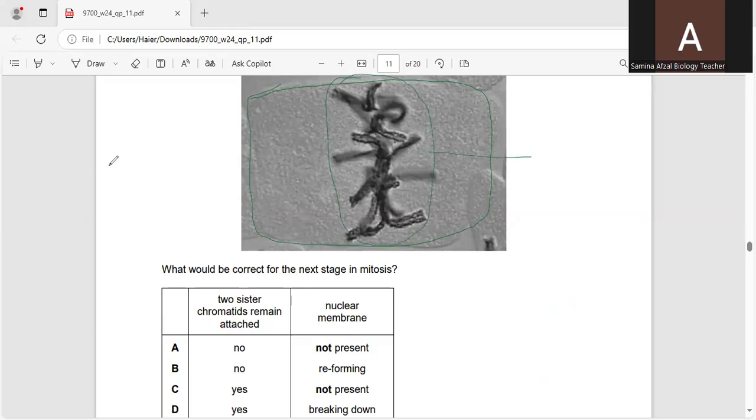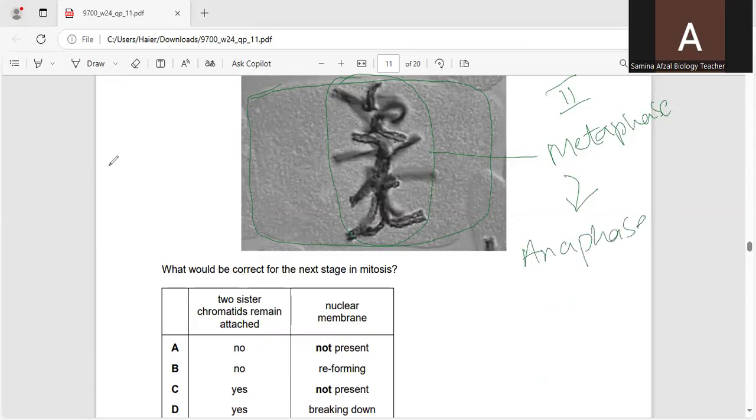So it means this is the metaphase. So what would be correct for the next stage in mitosis? Next stage, which will be anaphase.